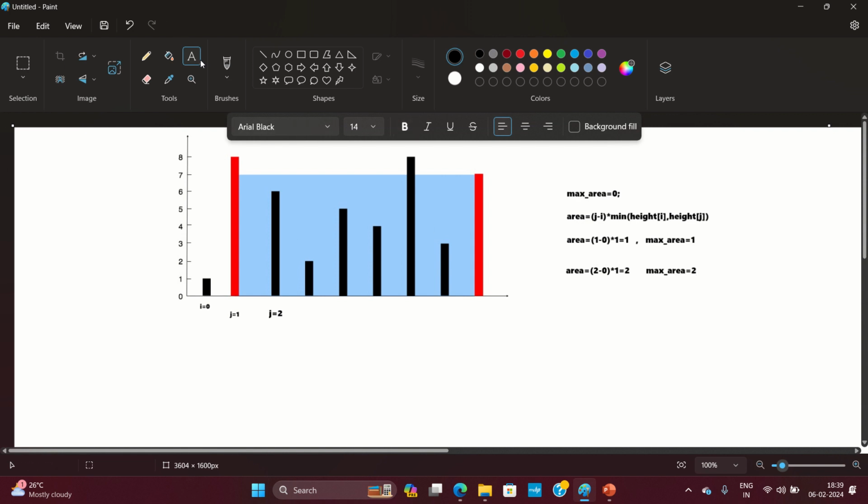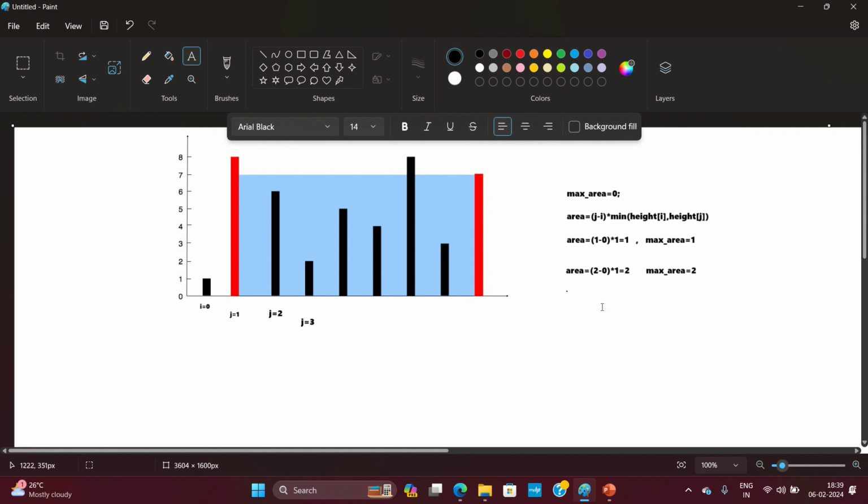Similarly, when j reaches index 3, j is equal to 3, in that situation, again 3 minus 0 is 3, and the minimum of this is 1. So therefore 3 into 1, again 3. Right.